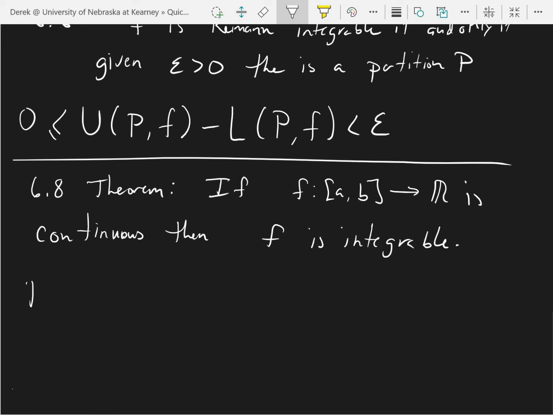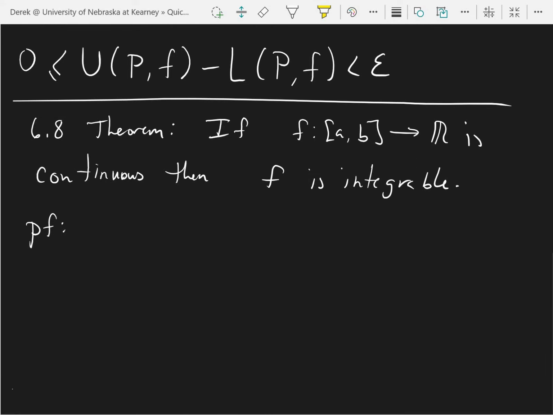Okay, so let's prove this. So we're going to let epsilon be bigger than 0. What we eventually want to find is a partition that makes the upper integral and the lower integral differ by less than epsilon, so we can use Theorem 6.6, which we had just stated.